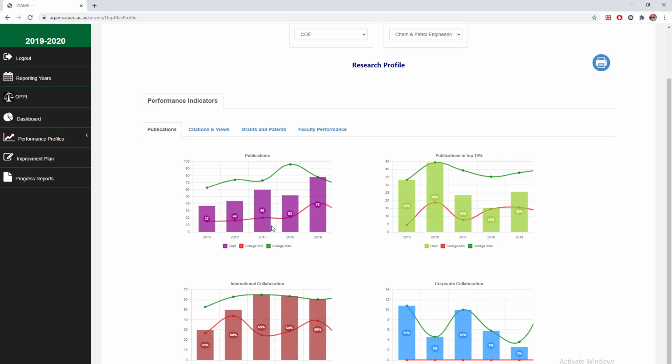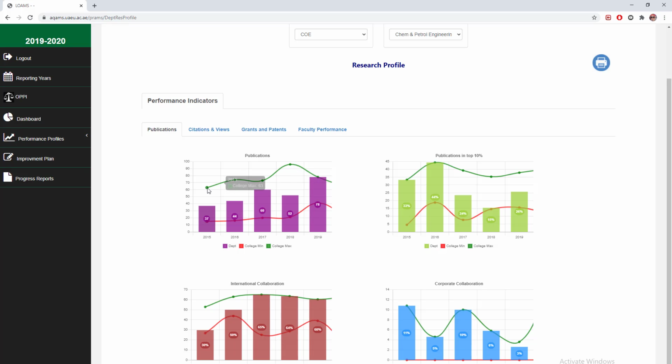So here the graph shows that the department published 37 Scopus publications in 2015 and increased to 44 publications in 2016. In last year, 2019, the number of publications increased to 78. And this one actually was the maximum by the college, because here you can see the college maximum.